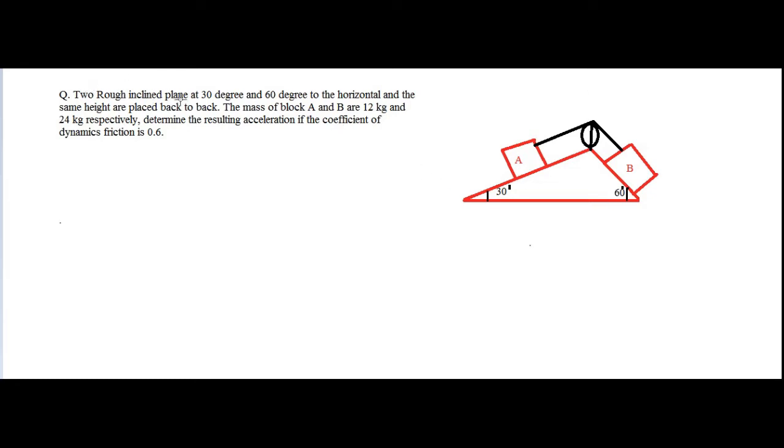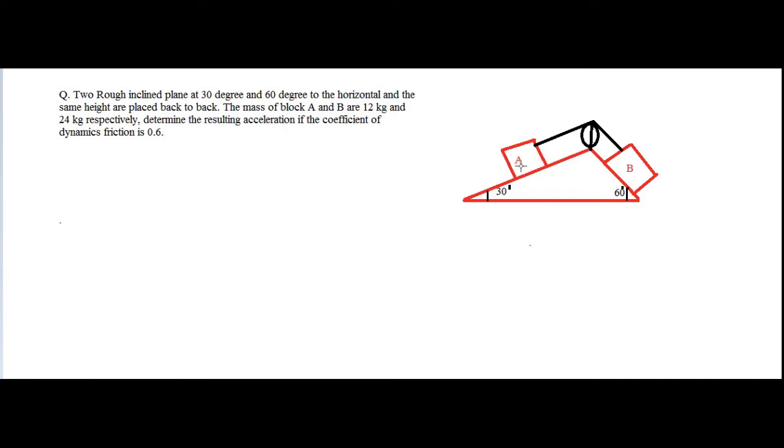Here two rough inclined planes at 30 degrees and 60 degrees to the horizontal, of the same height, are placed back to back. The masses of block A and block B are 12 kg and 24 kg respectively. Determine the resulting acceleration if the coefficient of dynamic friction is 0.6.